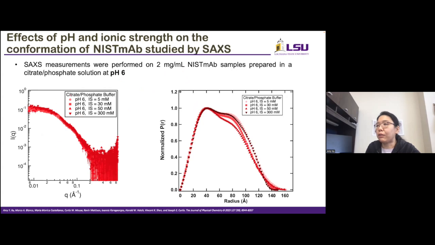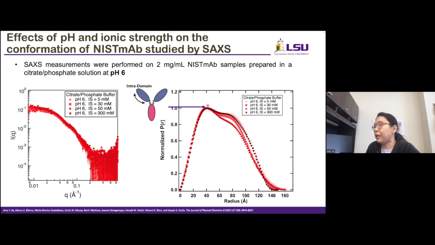This is the scattering profiles we measured from the NISTmAb prepared at pH 6 at various ionic strength conditions. The first thing that we do is perform the P(r) distribution analysis. We see that the shape of the P(r) curves look very similar to each other at different ionic strength conditions. They all feature two peaks.